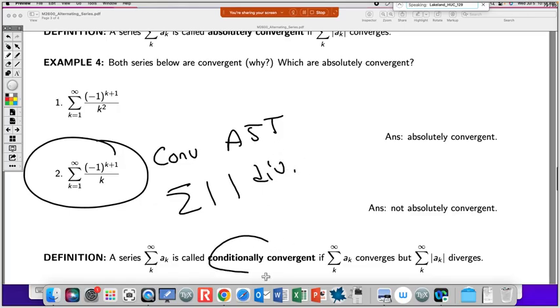So a series that does that is called conditionally convergent. So if the series itself converges, but if you take the absolute value and then add, it blows up, it's called conditionally convergent.